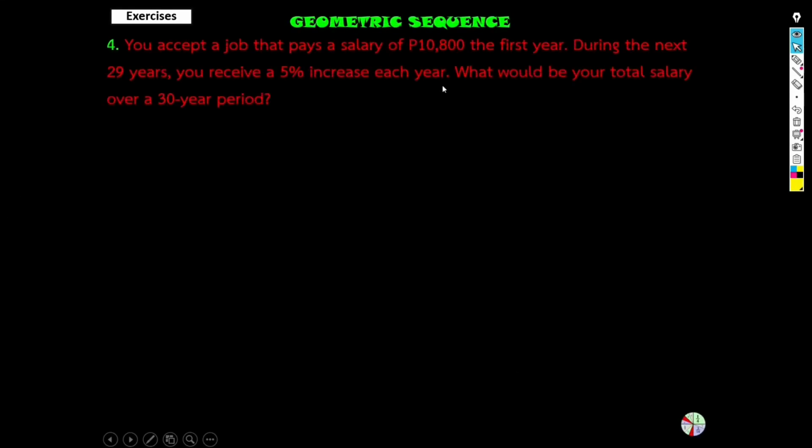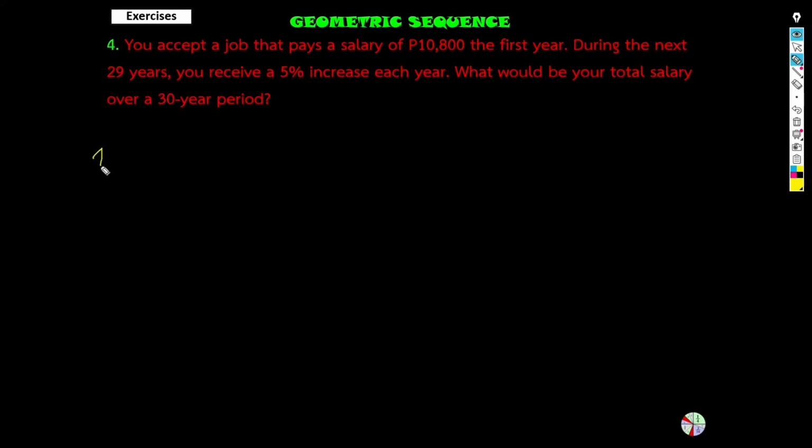Number 4, you accept a job that pays a salary of 10,800 the first year. During the next 29 years, you receive a 5% increase each year.